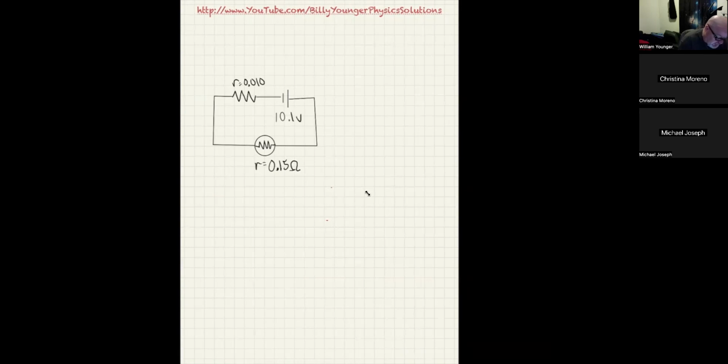10.1 volt weak battery. So first off, we want to know what the weak battery is. In other words, just that part of the circuit. But then we're going to put all this other part of the circuit in there, and I'm going to want you to solve it like you just learned. But in this case, you're going to solve it using the actual resistance value they gave you, which was the 0.01.